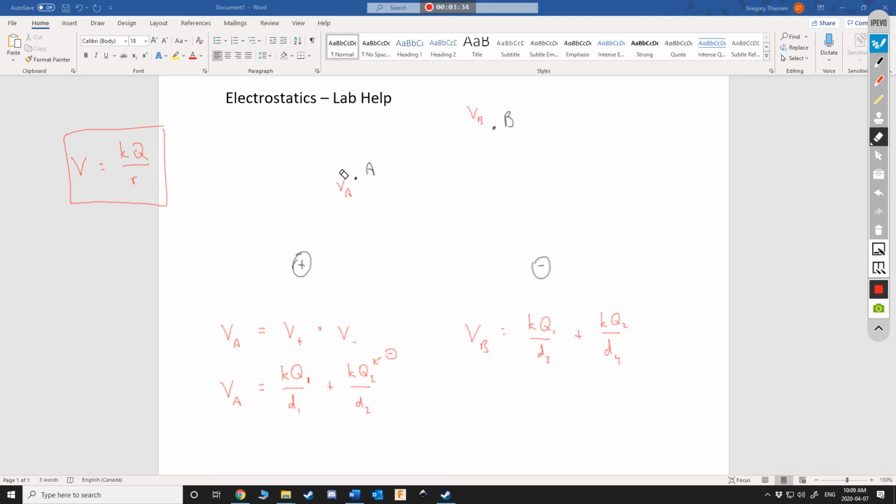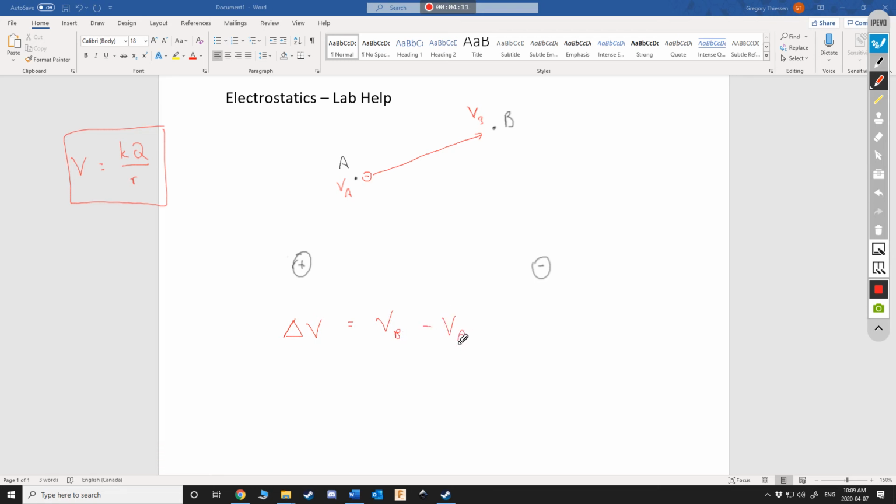We just say we have some potential VA and some potential VB, and an electron that is going to go from A to B. So the change in potential is just the difference: my change in potential, delta V, is equal to the potential at B minus the potential at A.